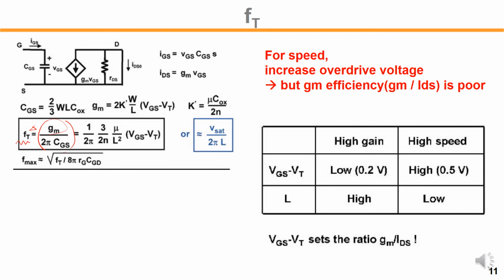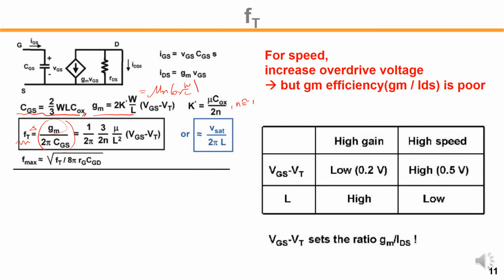According to the device equation, we can derive that CGS is 2/3 of W L times COX, and GM is approximately, if n is equal to 1, mu n COX W over L times the overdrive voltage.